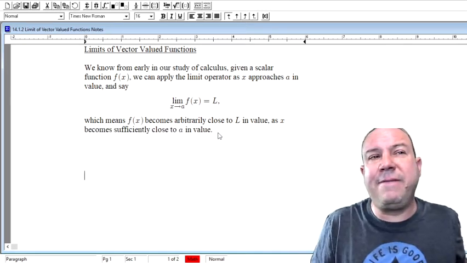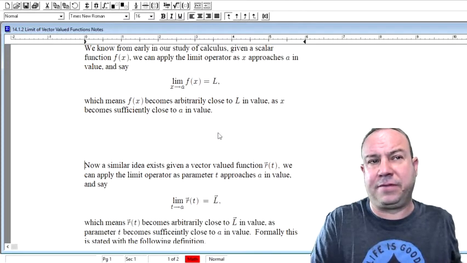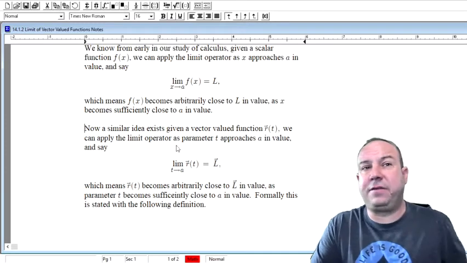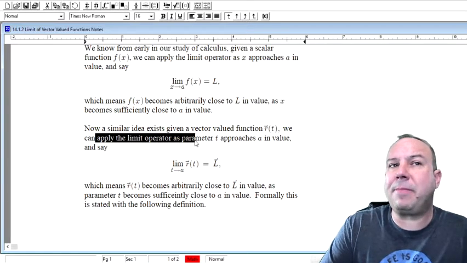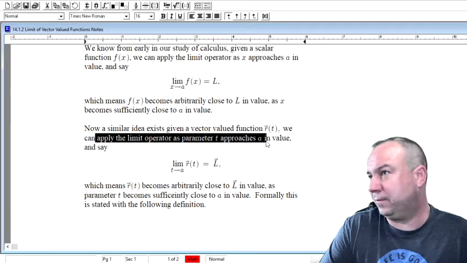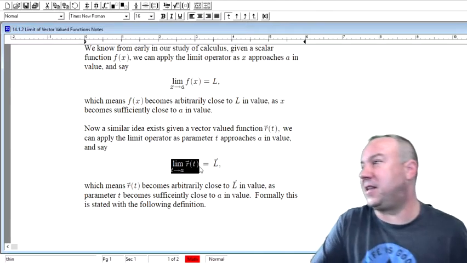We see something very similar in the case of a vector valued function. If we have this vector valued function r bar of t, we can apply a limit operator as parameter t approaches a in value to that function.